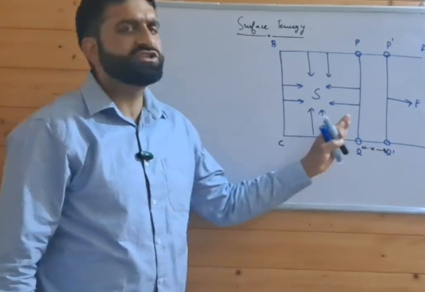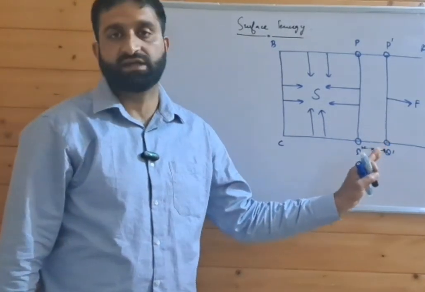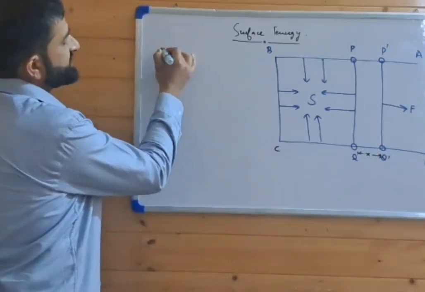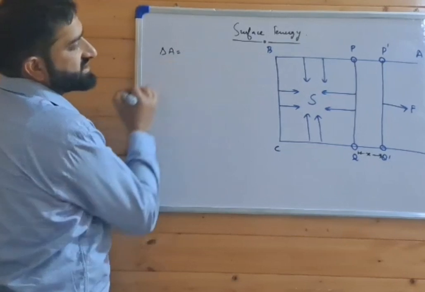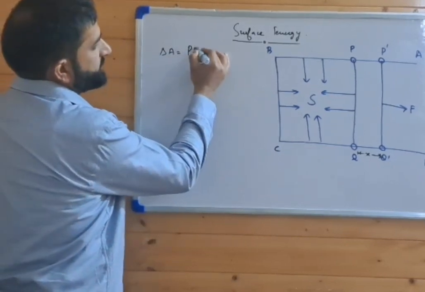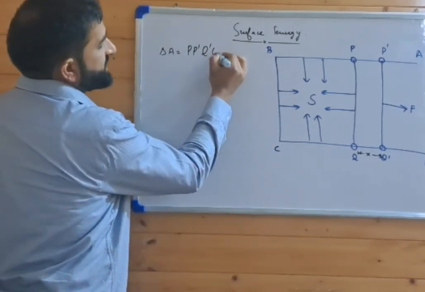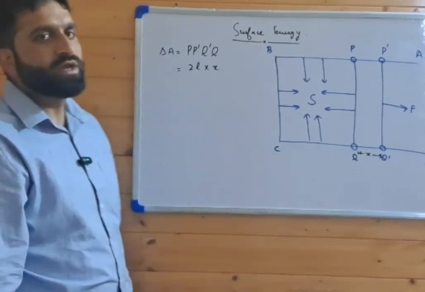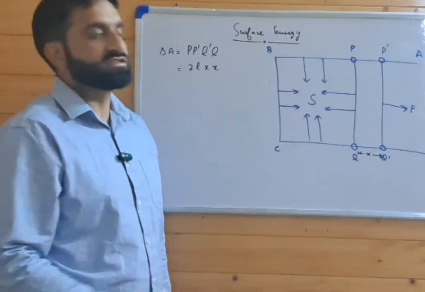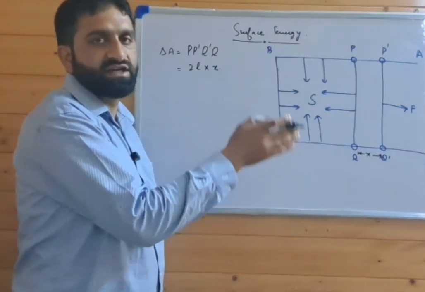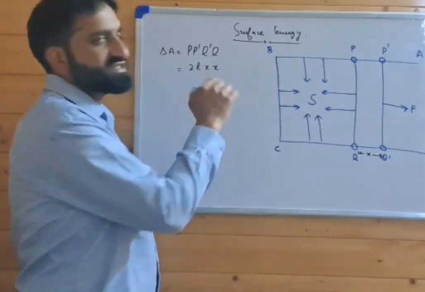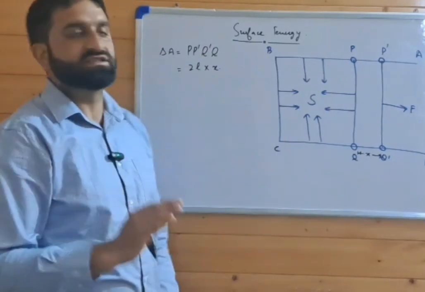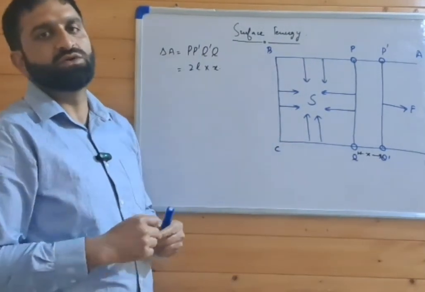That means there is a change in area, but that change in area is twice the length into X. We can have the change in area, delta A, equal to PP'Q'Q, and that is equal to 2L into X, because we have got two surfaces, one on the outer side and one on the inner side. So the change in area is twice L into X, that is L into X of the front side and L into X of the back side.